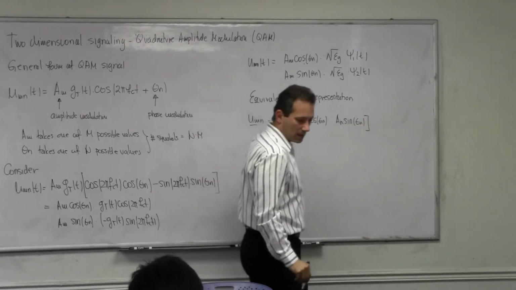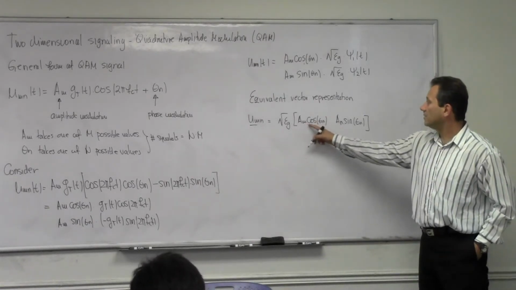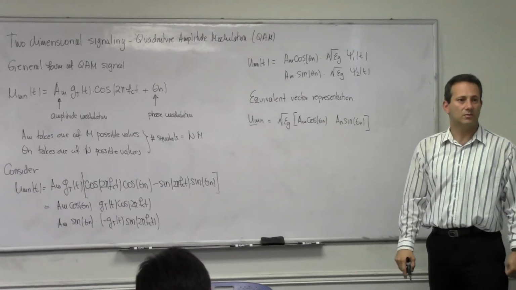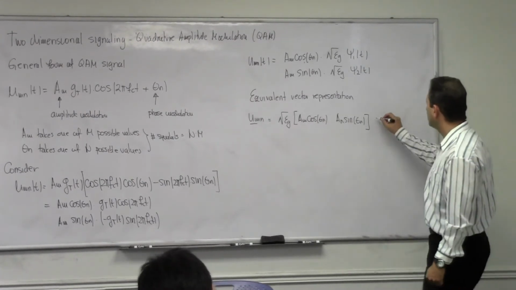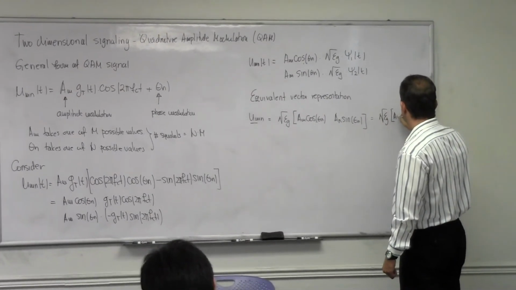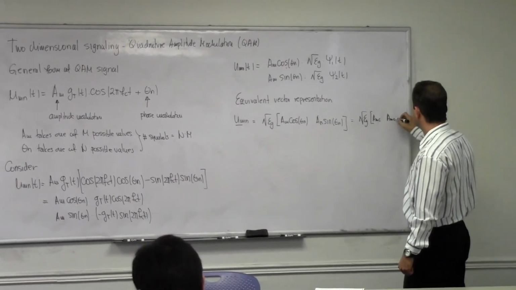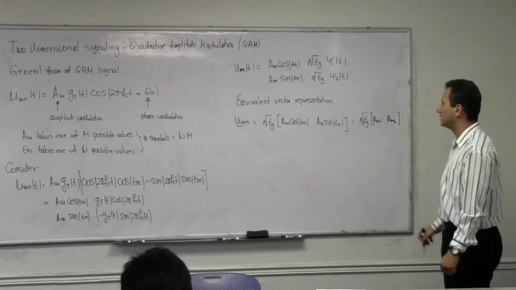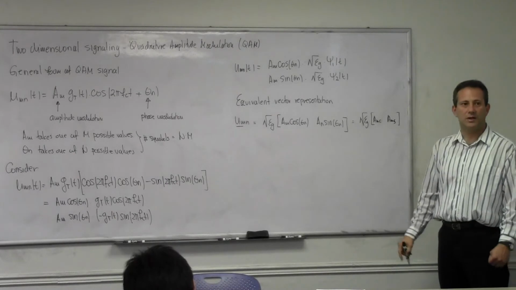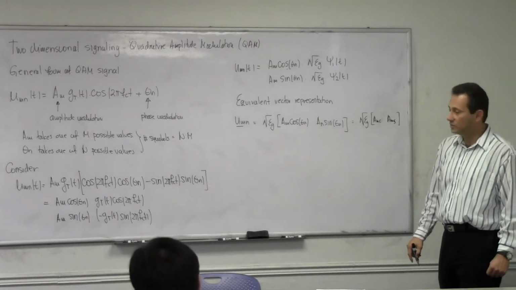In general case, I'm not restricting what these A_m's and theta n's can be. In case of PSK, I had to be on the unit circle. Here, I don't have to be anywhere. So I can write this as just square root of energy, A_m along the cosine and A_m along the sine, right? So I just pick two coordinates, pick a point in the constellation plane, and that becomes one of the symbols that I'm using.